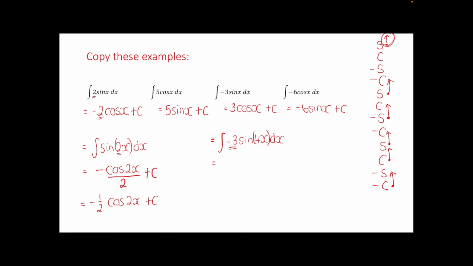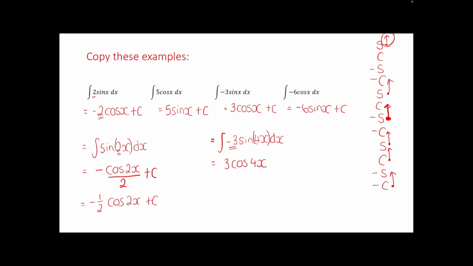So looking at the fact that I've got a negative sine x, if I go back here, if I integrate negative sine, I move up and I get positive cos. So negative 3 sine 4x dx will start off with 3 cos 4x, because that 3 has to stay where it is.